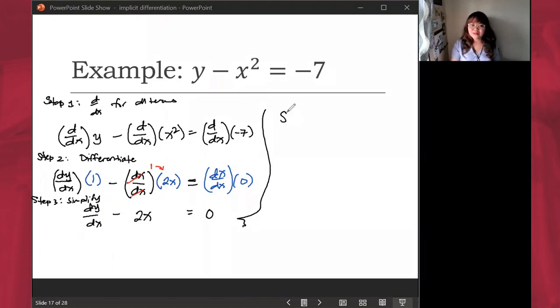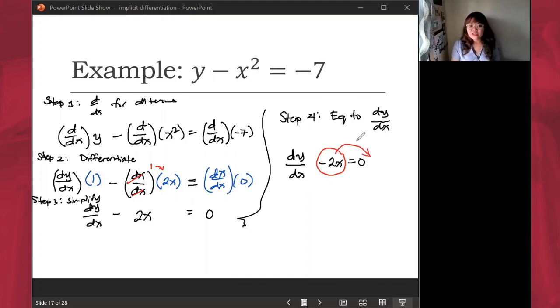Step 4, equate to dy over dx, or we have to look for the values in terms of dy over dx. What we're currently given is dy over dx minus 2x equals 0. So we have a negative 2x that we have to remove. How will we do that? We could transpose it such that only dy over dx is left. So you have dy over dx here, which is equal to positive 2x.